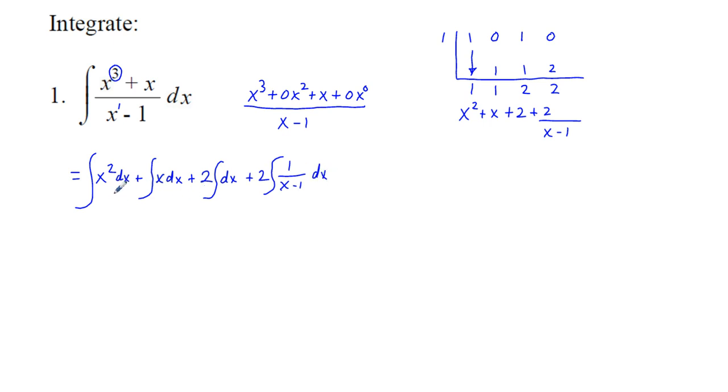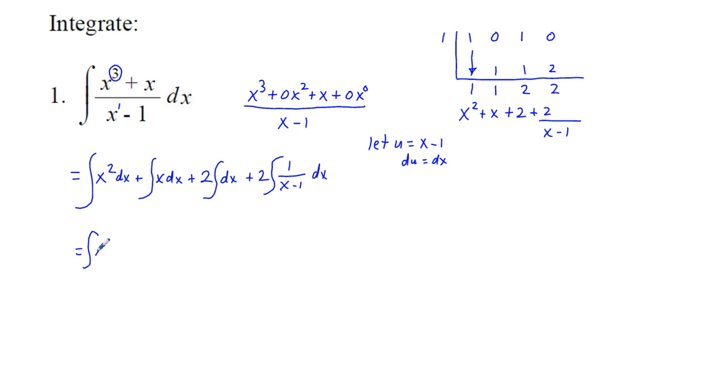These first three are going to be very easy to integrate, but this last one, not as much, in that we're going to take a u substitution. We're going to say let u equal x minus 1, and so du is equal to dx. Let's work below here, until we are ready to rewrite this completely.